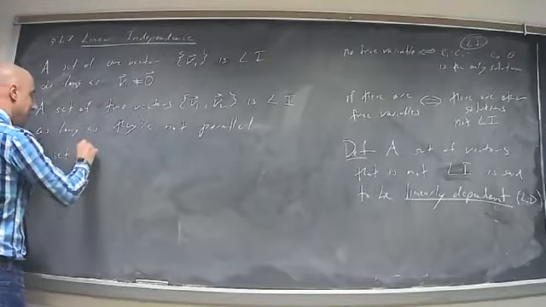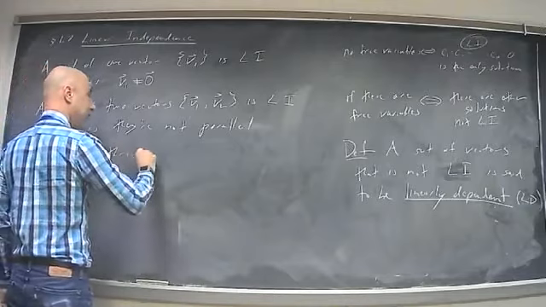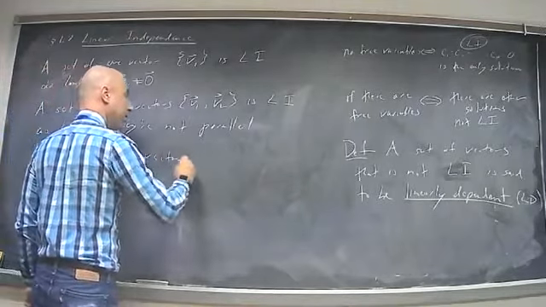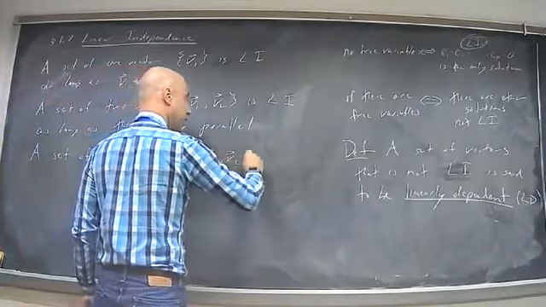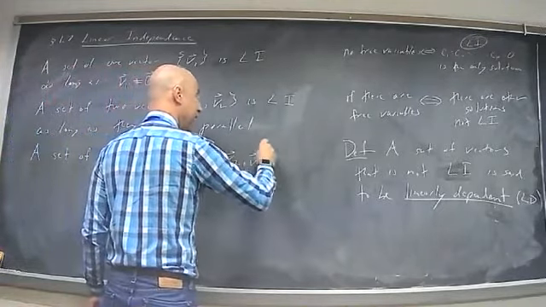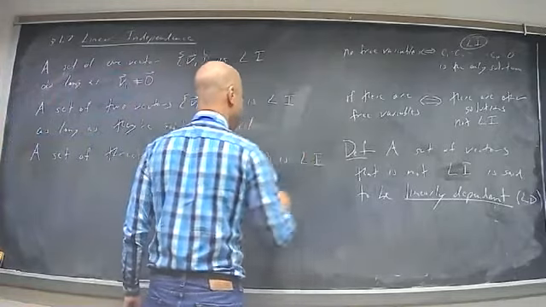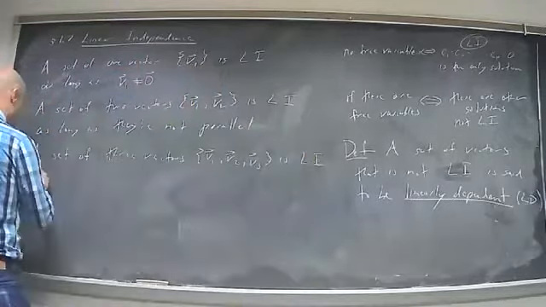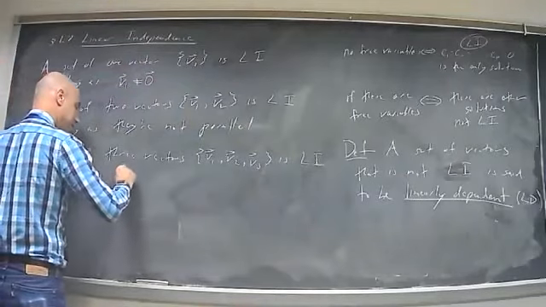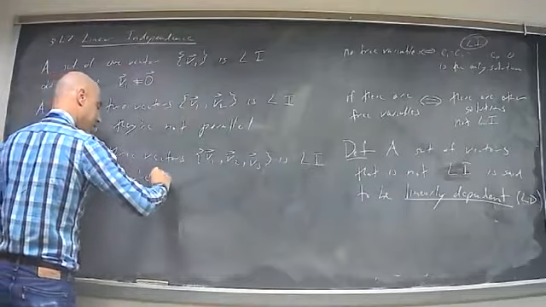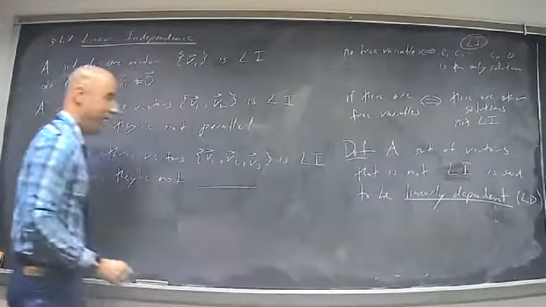A set of three vectors is linearly independent as long as they're not what?